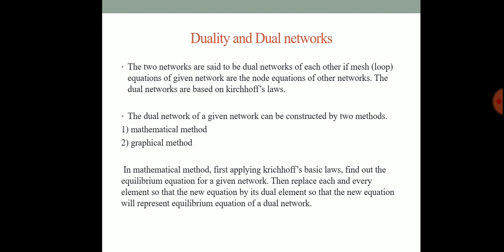And then if an element is exactly in a mesh, then the element should be connected between the datum node and the node inside that mesh. So draw a dotted line from the datum node to the node inside the mesh through the element. If the element is common between mesh 1 and mesh 2, then the dotted line connects the nodes of mesh 1 and mesh 2. This gives the dual network.